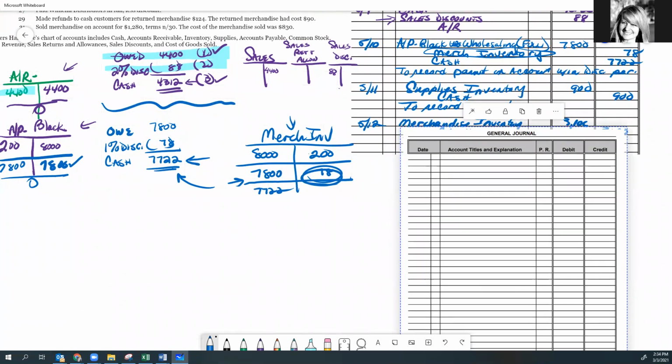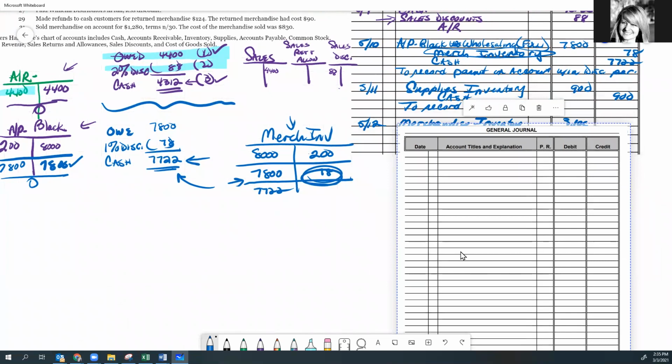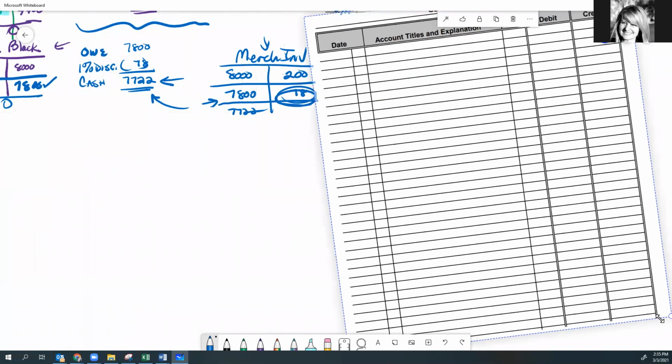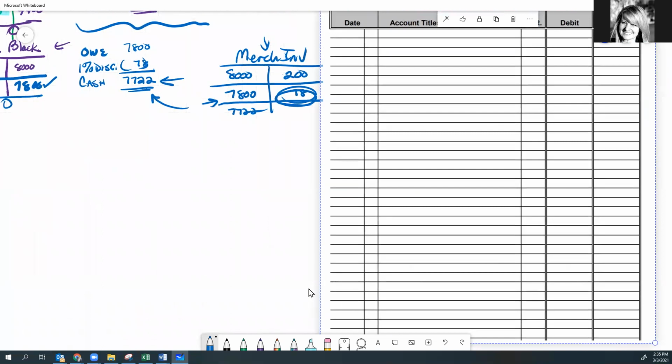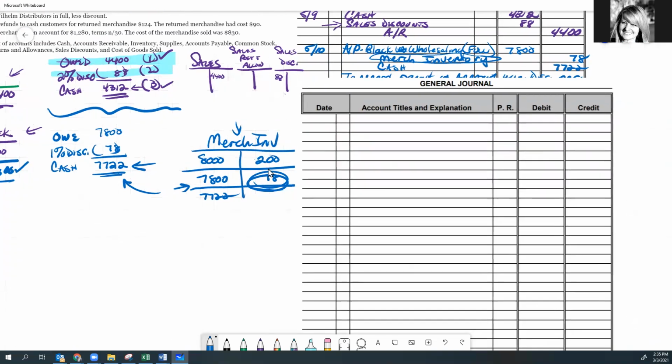Try to make it about the same size. All right, that looks about the same size. Oh, a little bigger. Let me just pause this for a second.